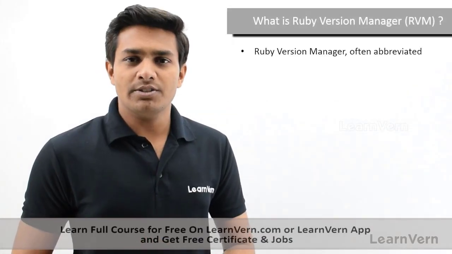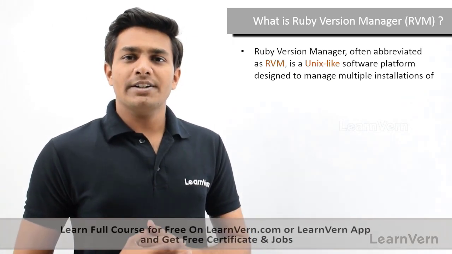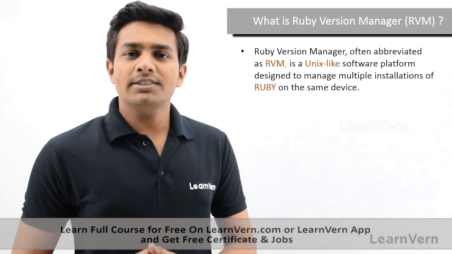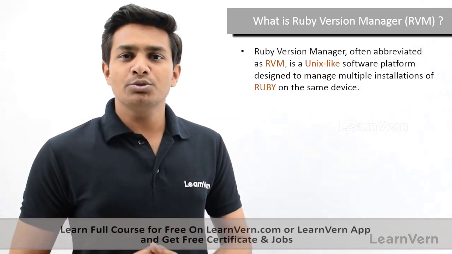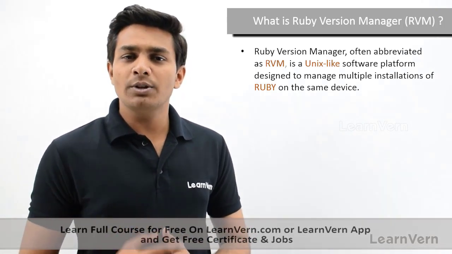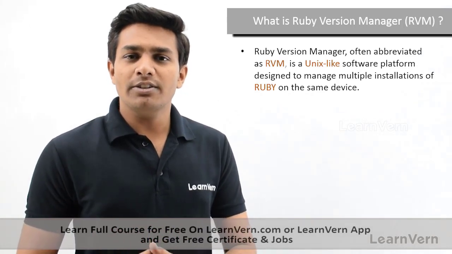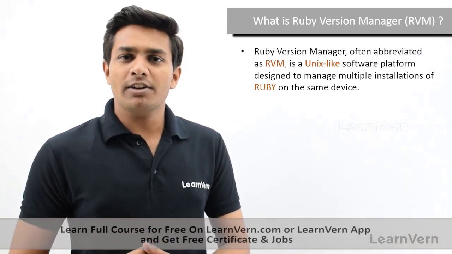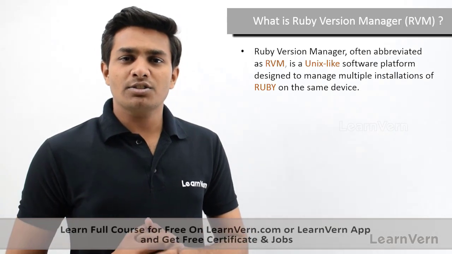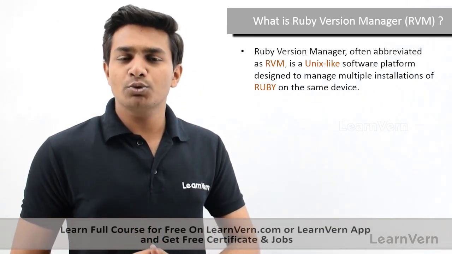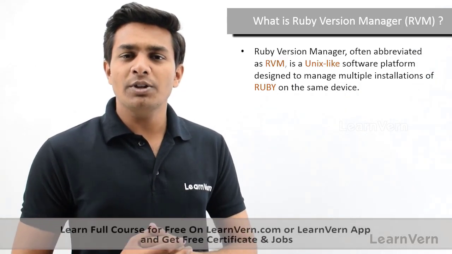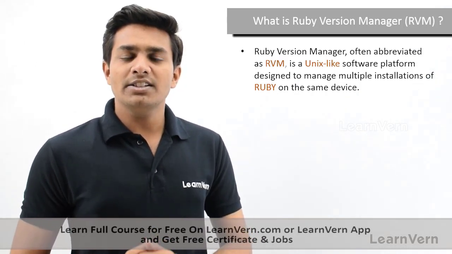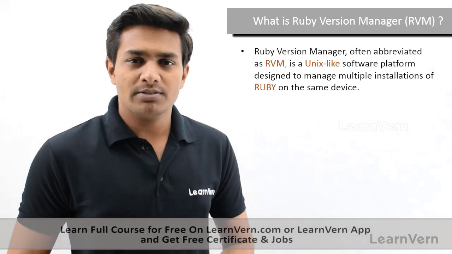Ruby Version Manager, often abbreviated as RVM, is a Unix-like system functionality that is used to manage multiple Ruby versions on your device. By using RVM, you can install multiple versions of Ruby and you can easily switch between your Ruby versions using RVM commands.